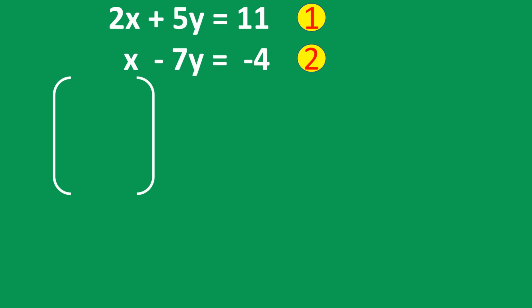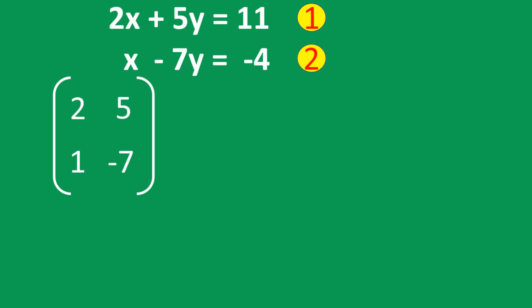So what's the coefficient of x in equation 1? We have 2. The coefficient of y in equation 1 is 5. What's the coefficient of x in equation 2? We have 1. And the coefficient of y in equation 2 is minus 7.